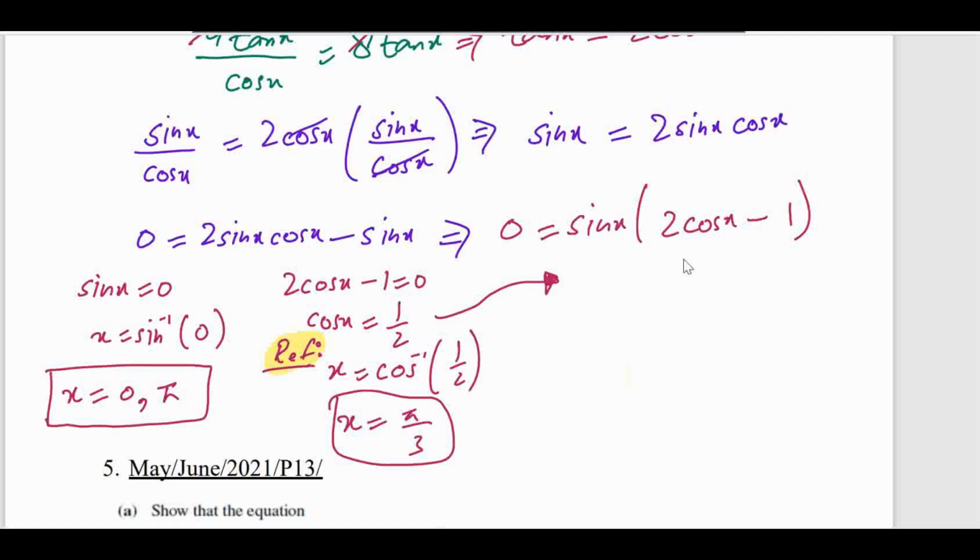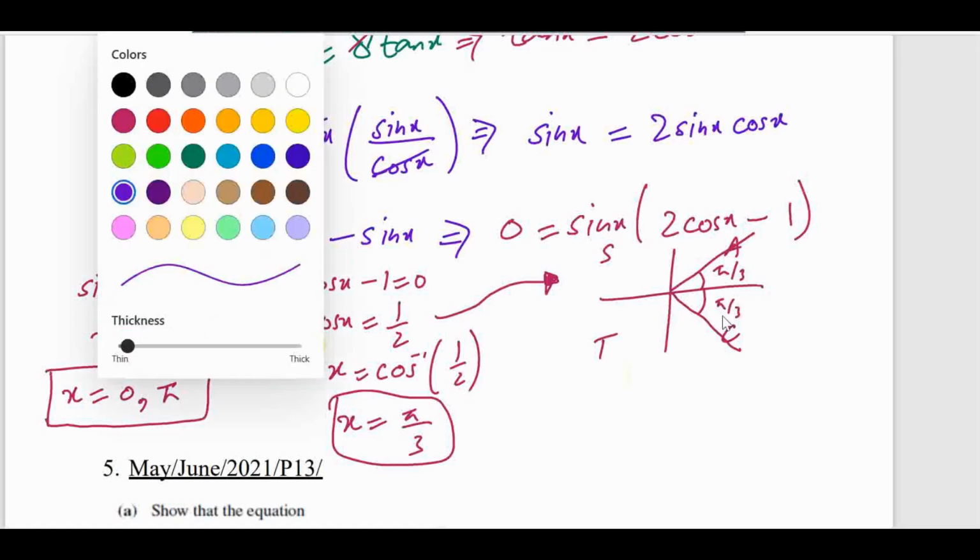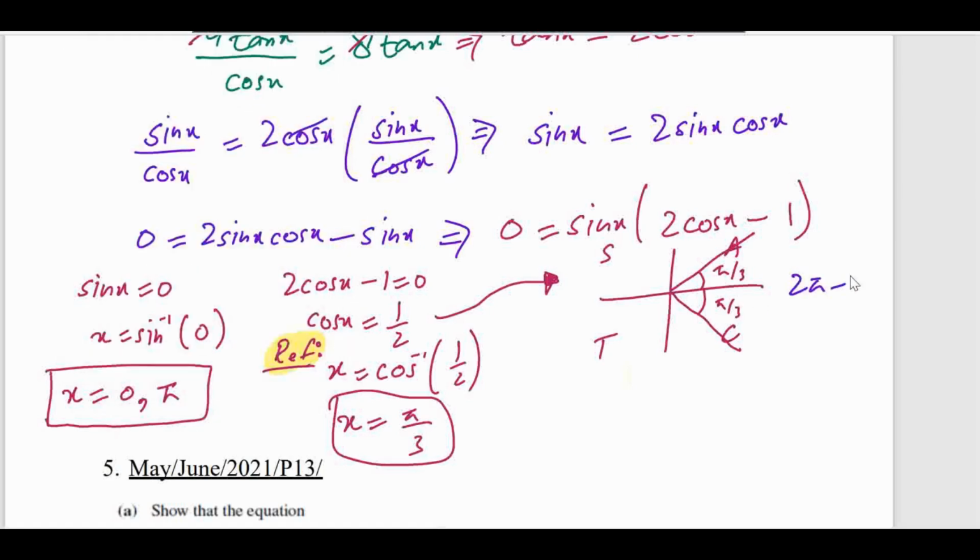Now cos is positive. We know that cos is positive in two quadrants. One is this one and the other one is this one. As the reference angle is pi by 3, these two will be the answer. One angle will be pi by 3 and the other angle will be 2 pi minus pi by 3, because this whole angle will be equal to 2 pi minus pi by 3.